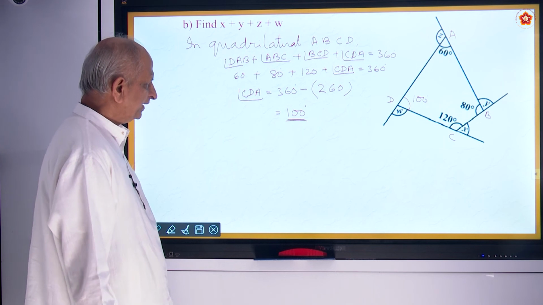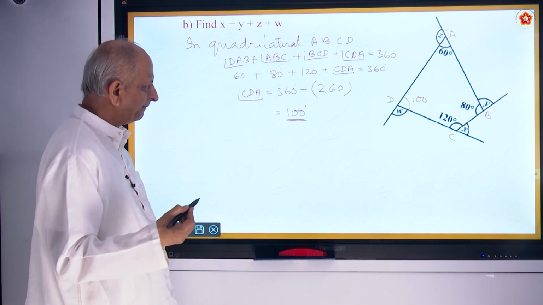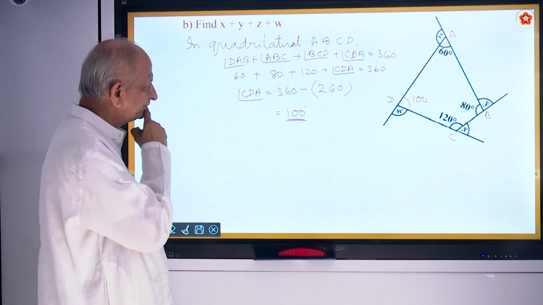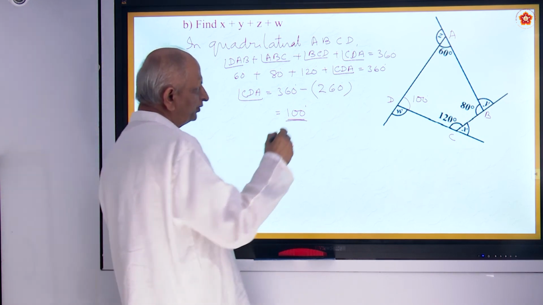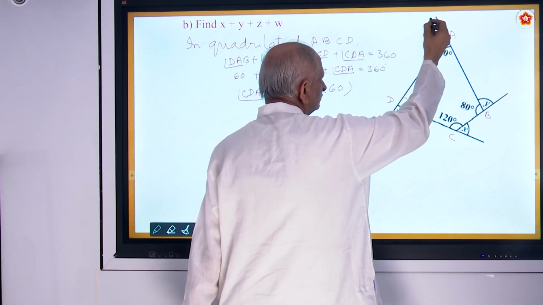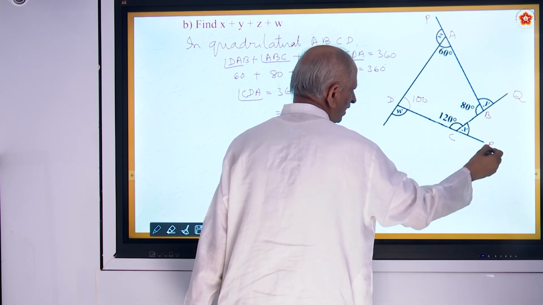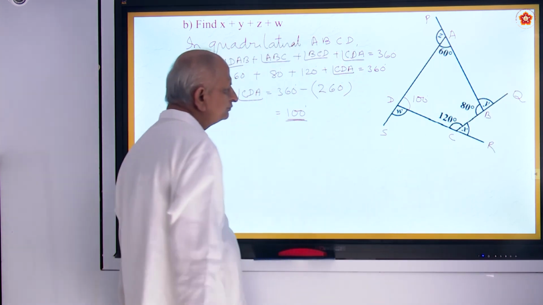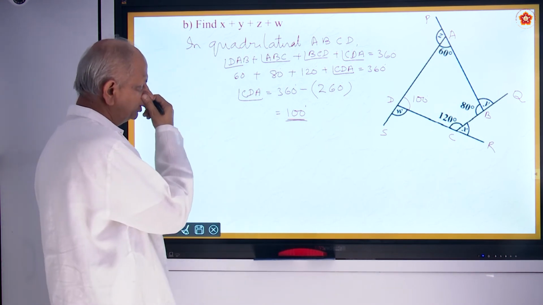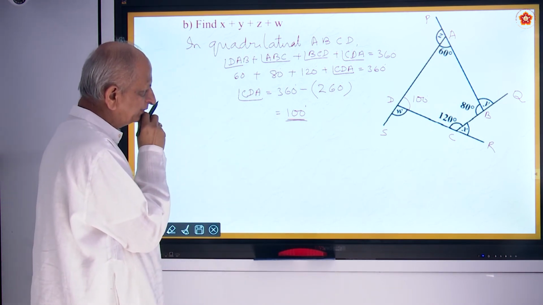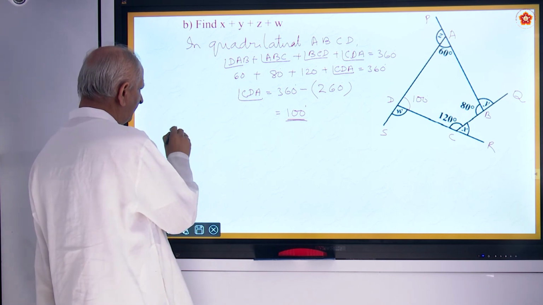Now again the same principle, linear pair formula you apply, and suppose you call it P here, Q here, R here, S here. Okay. So angle X means what? Angle BCR.